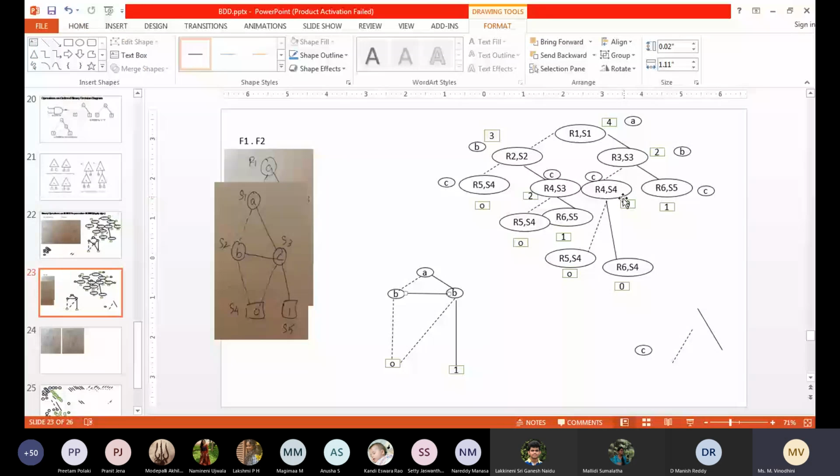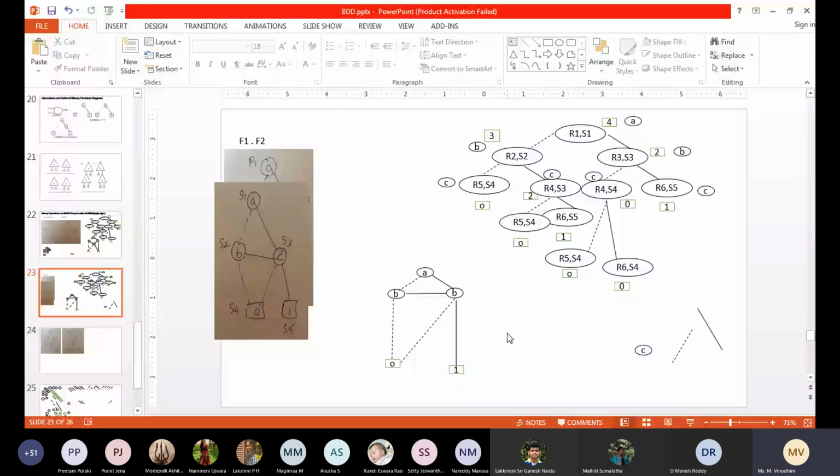Try to remove the lowest node, retain the highest level nodes. So here this C and this B, I got the same pattern. So I removed C. Instead of this B, when it is 1 going to C, it can go to this B. Same pattern only. So this will be your final answer. Any doubt?